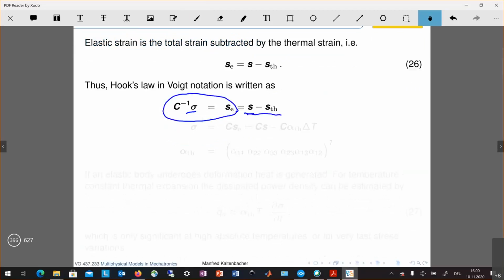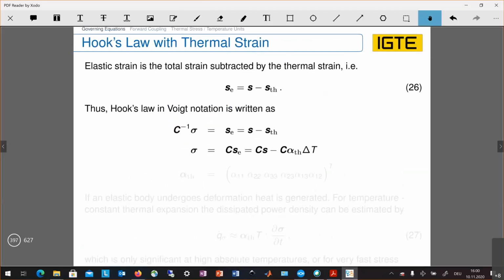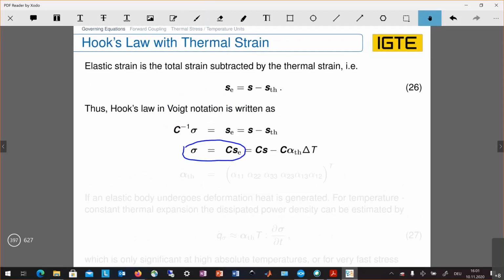Okay, so when we now use the constitutive relation, as written here, according to Hooke's law, with our material tensor C, as we have used in the mechanical system, then you see that we get out here now the relation between sigma and the total strains and the temperature differences, which is, as we know, the temperature minus a reference temperature.